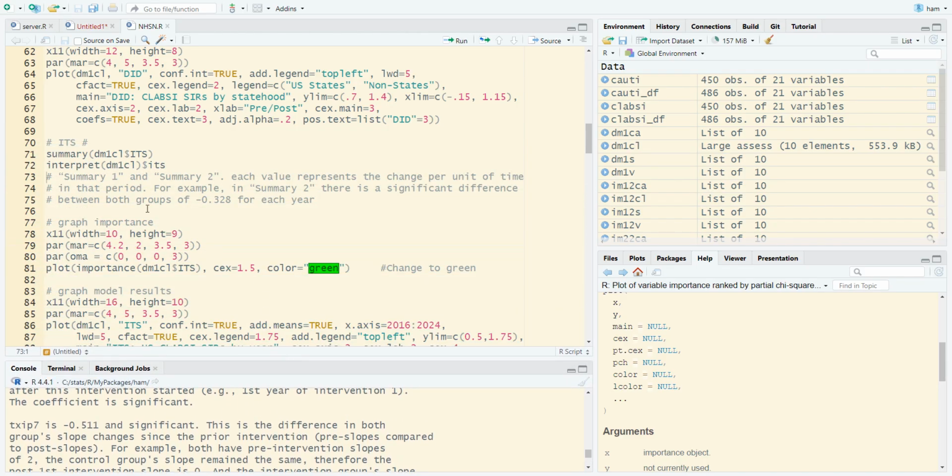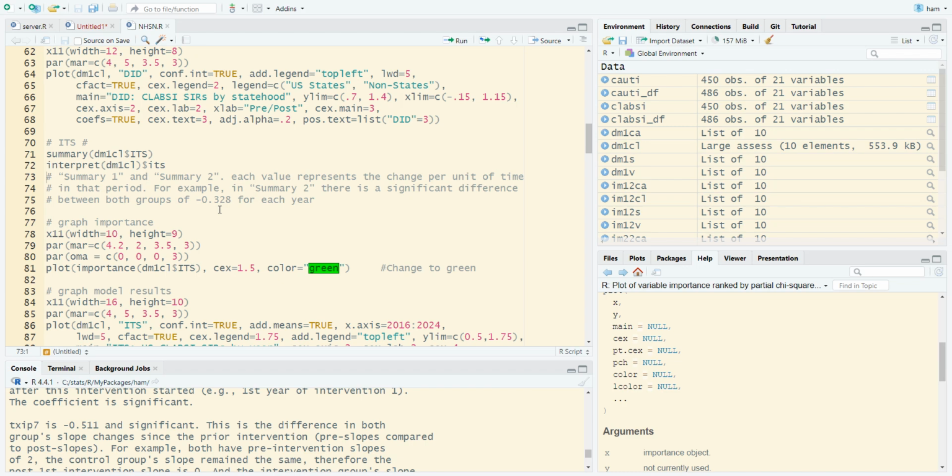Okay, so summary 1 and summary 2, each value represents the change per unit of time in that period. For example, in summary 2, there is a significant difference between both groups of negative 0.328 for each year. So with each year, the difference grows by negative 0.328 between our intervention and control group.